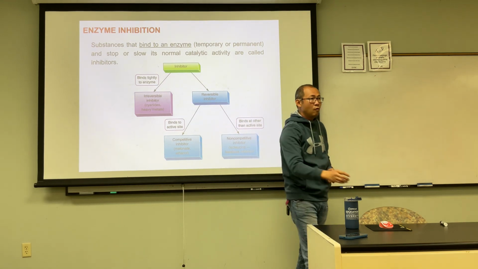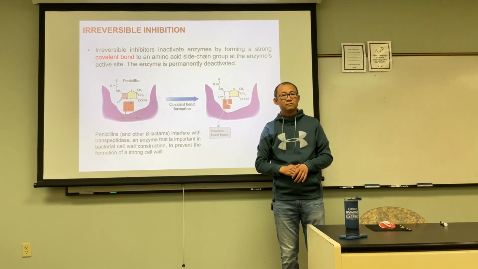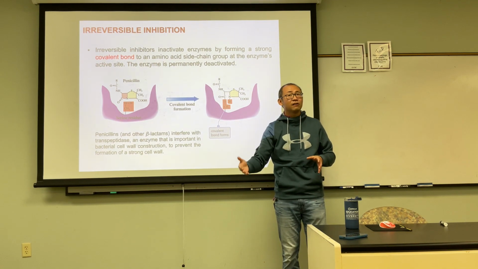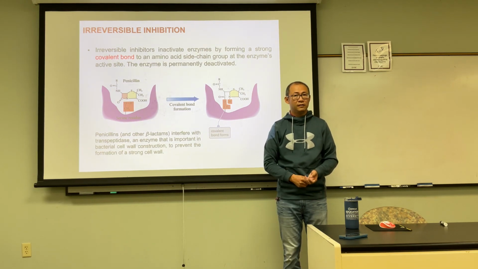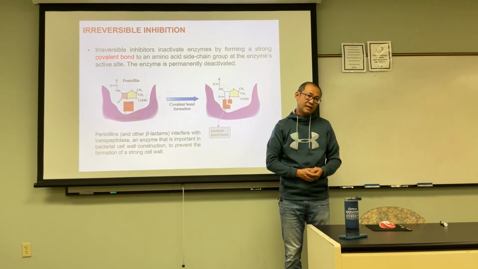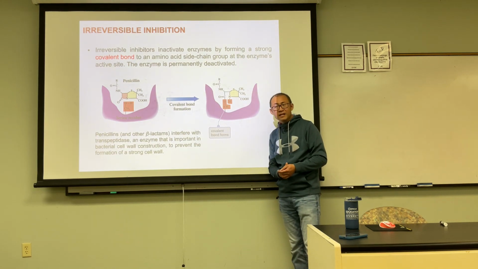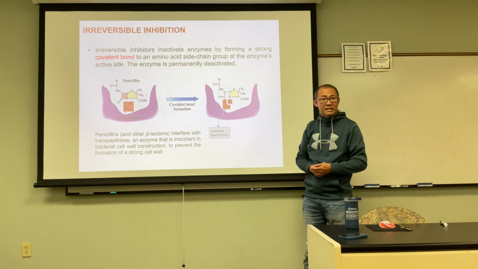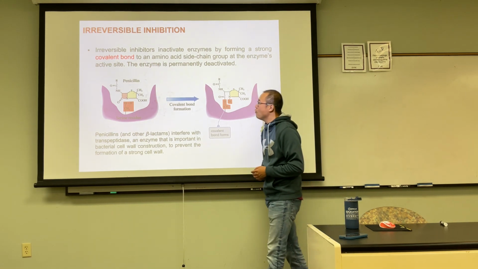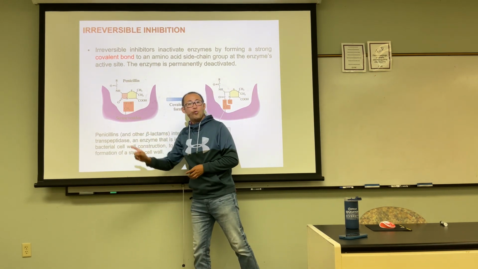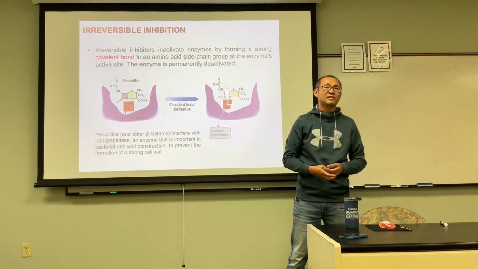Irreversible. Again, irreversible means you cannot what? Turn back. Means the enzyme is technically what? Dead. Lost its function completely. Why is that? The reason an irreversible inhibitor can completely stop the function is the inhibitor makes a covalent bond with the amino acid side chain on the active site.